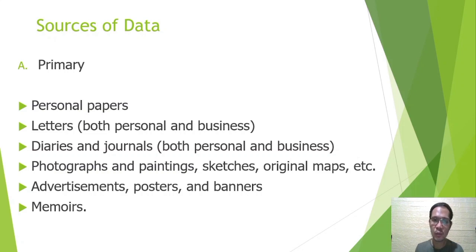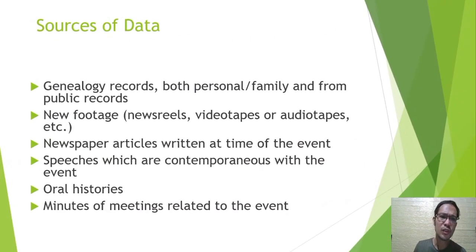We have also the photographs and paintings, sketches, original maps, and so on and so forth. We have also the advertisements, posters and banners, and also the memoir. Another example of the primary source of data is the genealogy records, both personal or family and from public records.